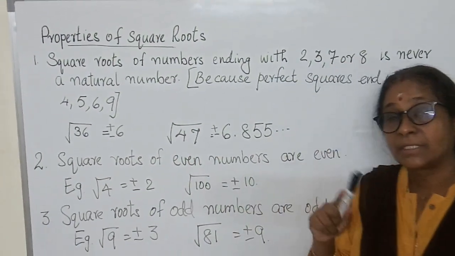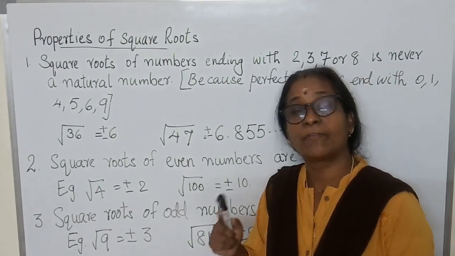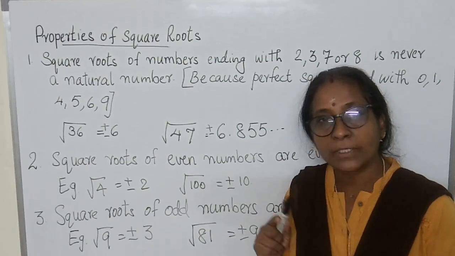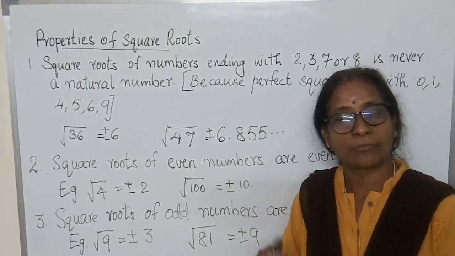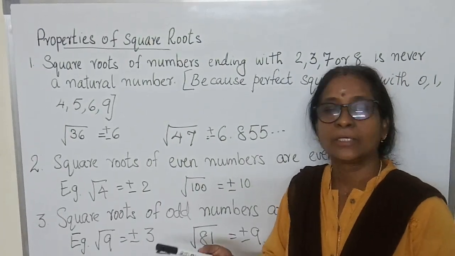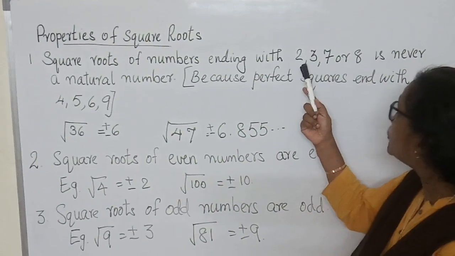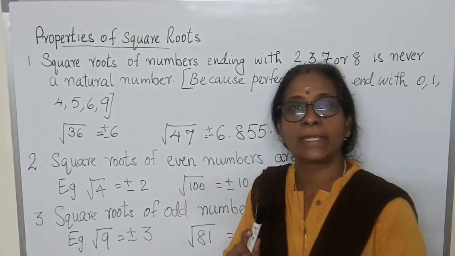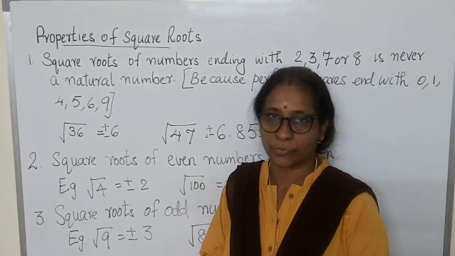This is just the reverse of the first property of squares. We learned that all perfect squares end with 0, 1, 4, 5, 6 or 9. So if any number ends with 2, 3, 7 or 8, then those numbers will never have natural numbers as their square root.